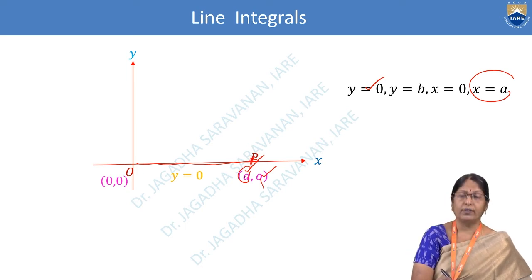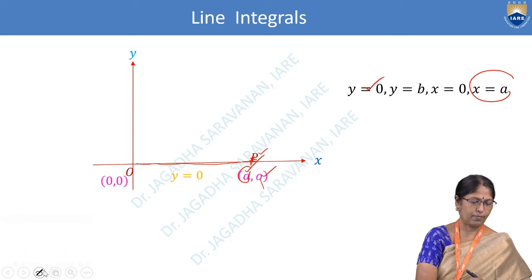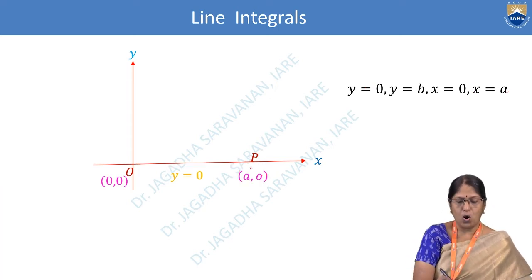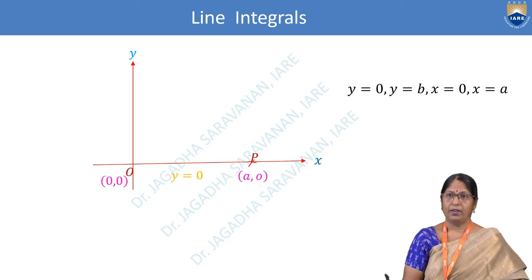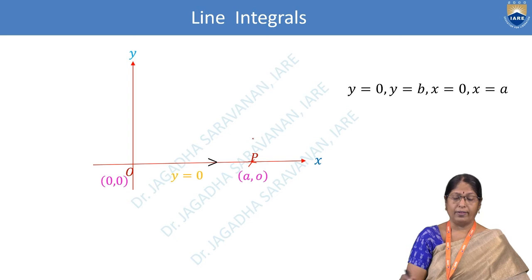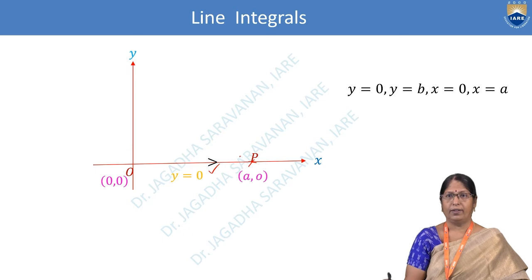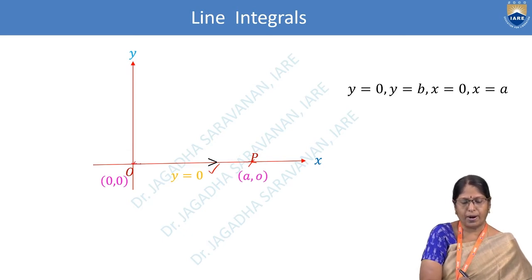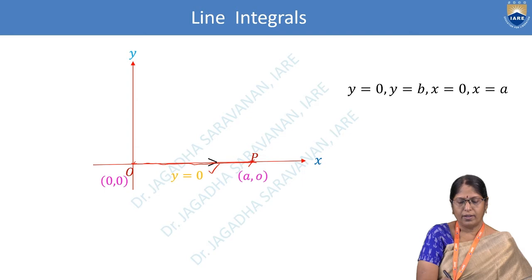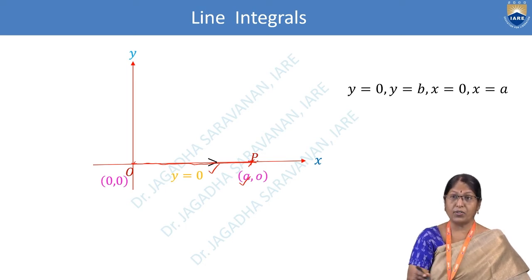At the point where it cuts the x-axis at A, we named it P. So now our particle is here. From here, it takes the direction, and the animated arrow mark shows that the particle starts from the origin and cuts the x-axis at the point A. We named it P. Now the particle is here.